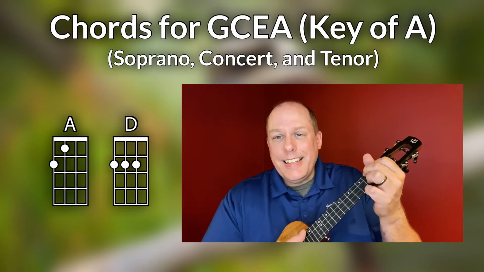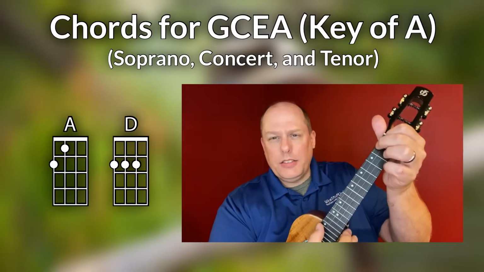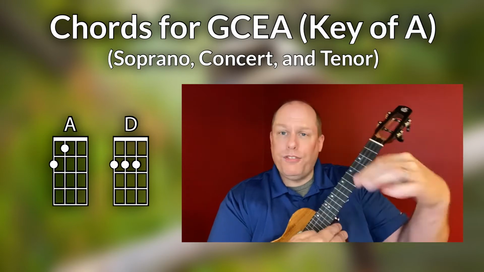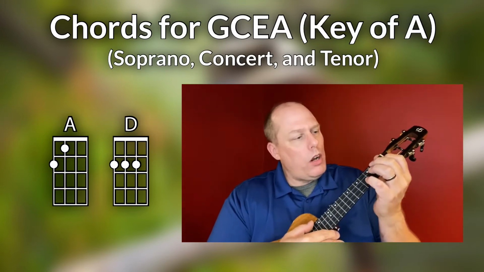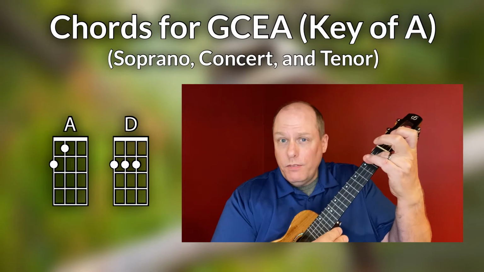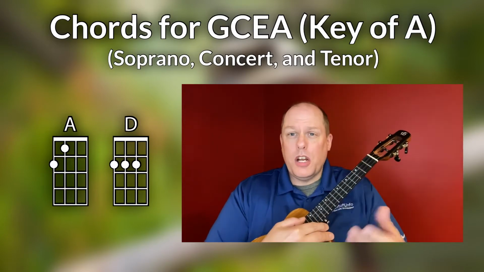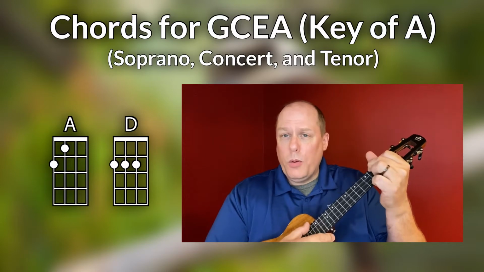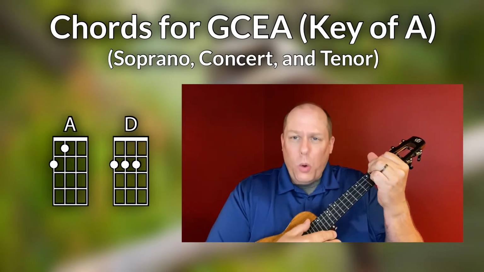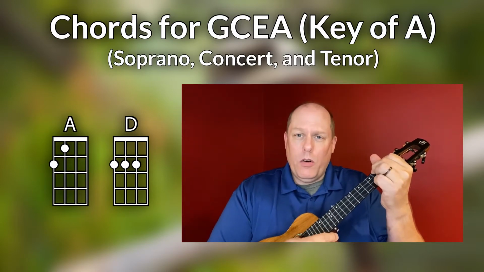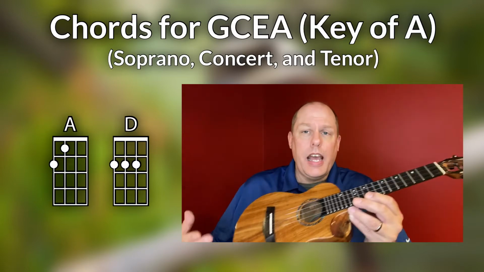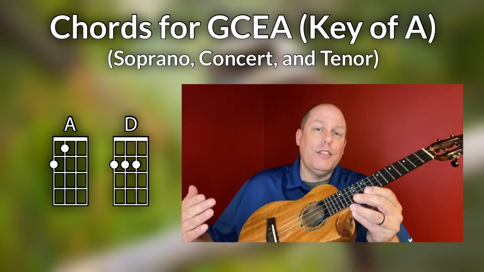If you play D the way the books show, 1, 2, 3, watch what has to happen. You have to flip your hand. Or if you play with the one finger, it's a massive change. The easiest way here is that D, the normal way that I play it. So try playing D that way, and that will help you out. And those are the chords you need on GCEA ukulele in the key of A.